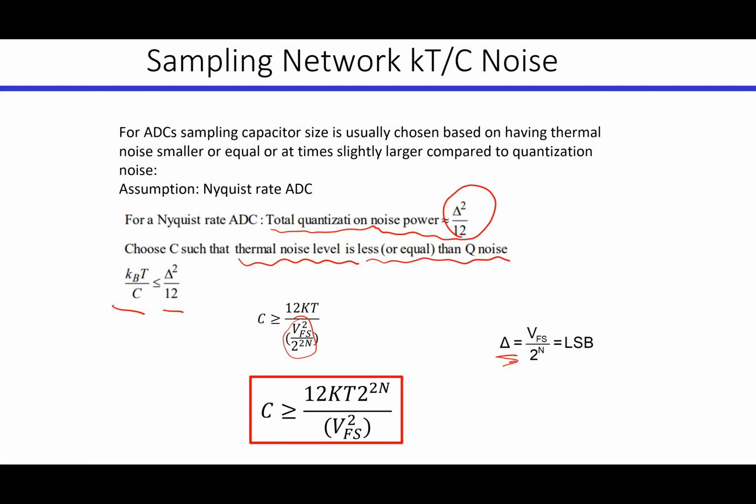You may assume that you will be dominated by your quantization noise, and you make your design, and then when you add this sampling and hold circuit without taking care of which value to select for the capacitor, your thermal noise suddenly dominates your performance, and you get a very poor SNR that will not work for you as you intended.